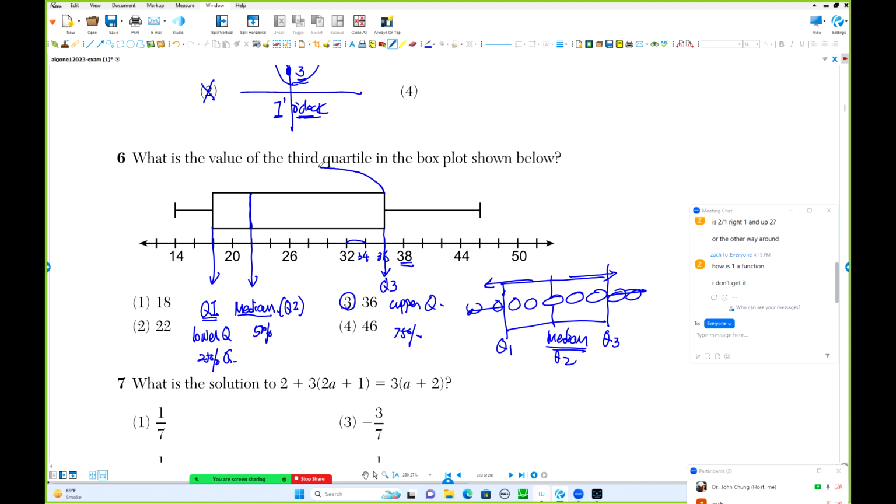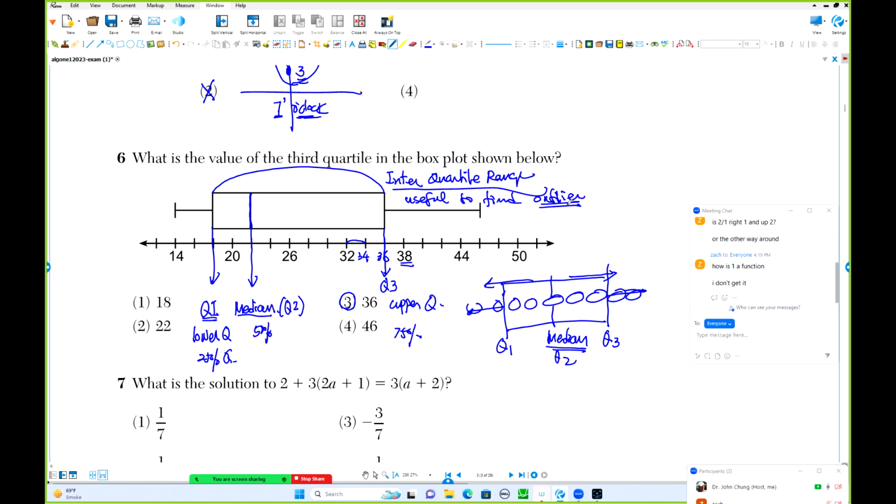Sometimes they ask you for the range of this one. Okay, the difference of the first quartile and third quartile is called the interquartile range. Interquartile range is very useful to find the outlier, okay?